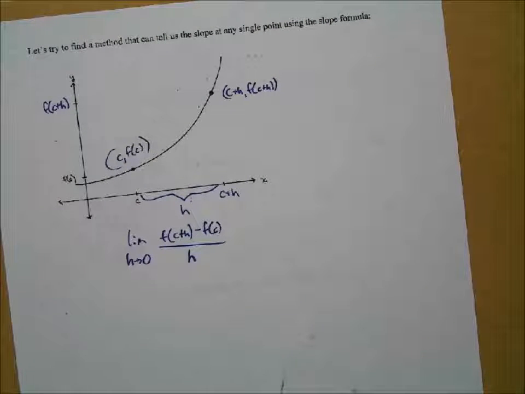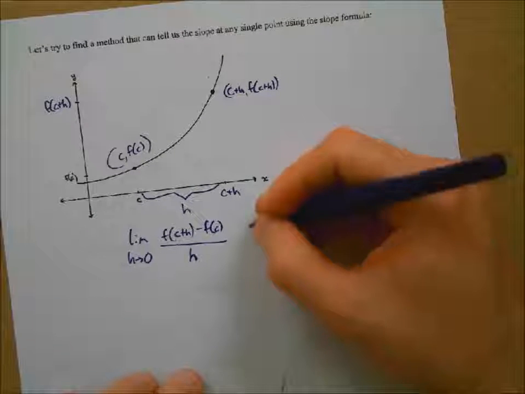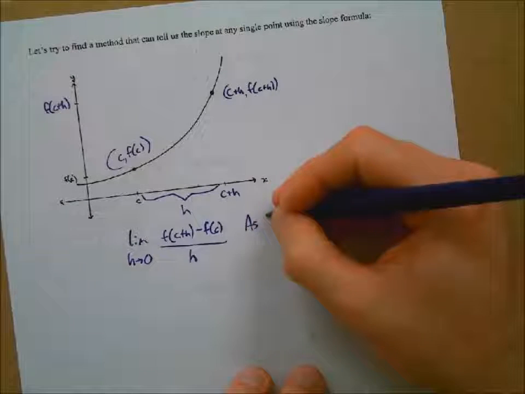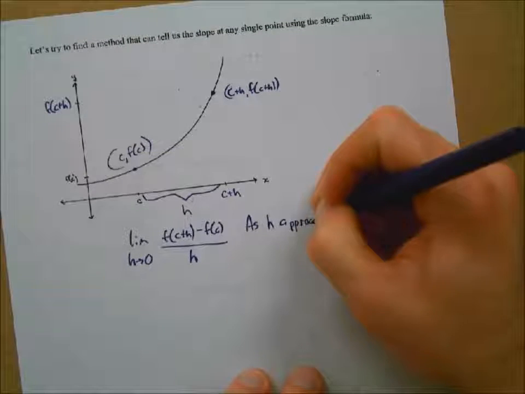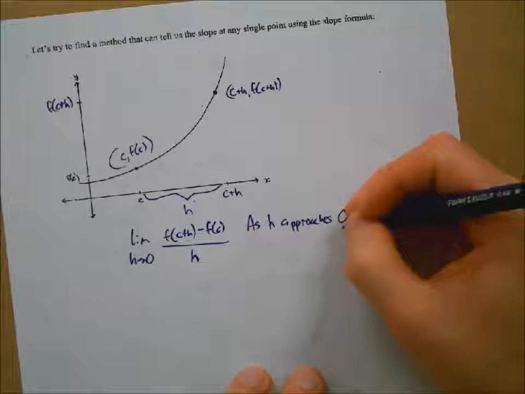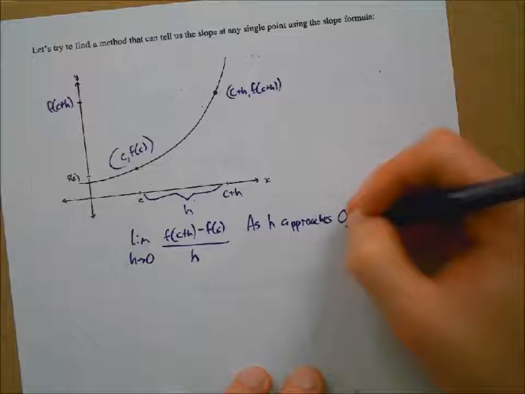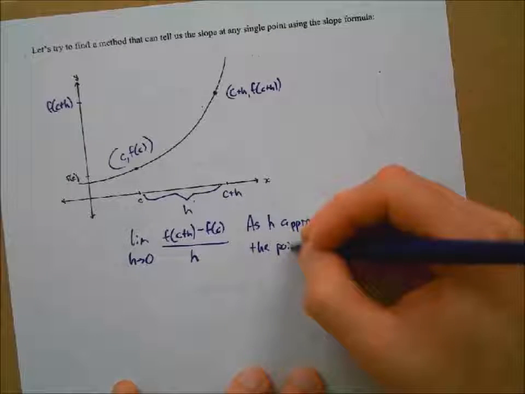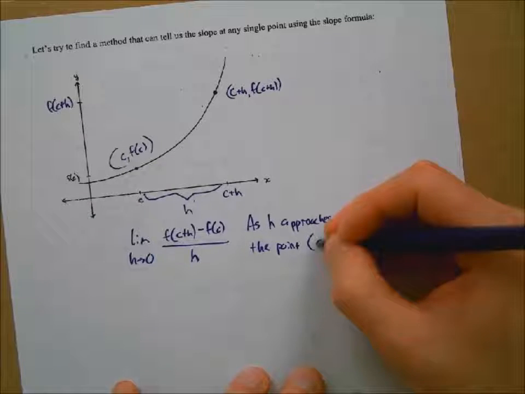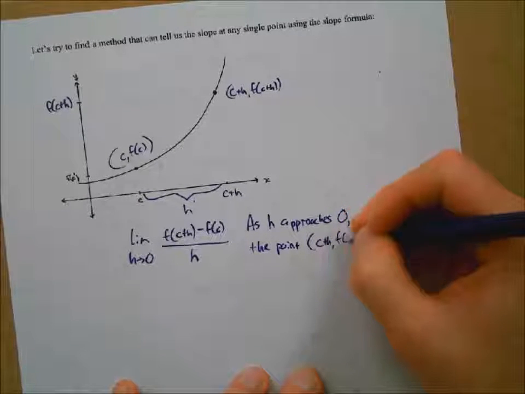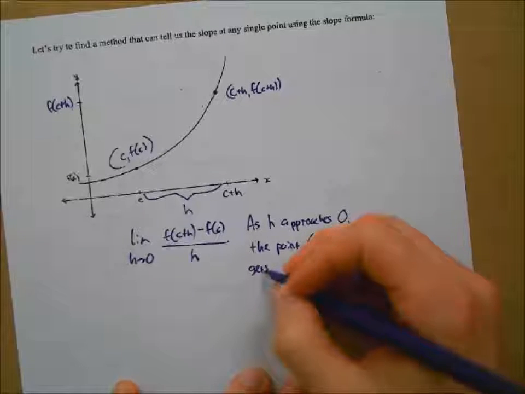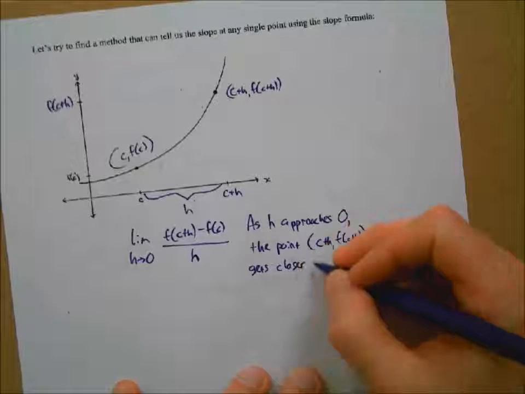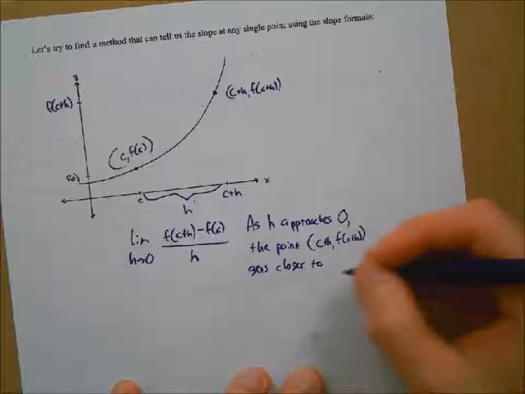Okay, so in summary here, as h approaches 0, the point c plus h comma f of c plus h gets closer to c comma f of c.